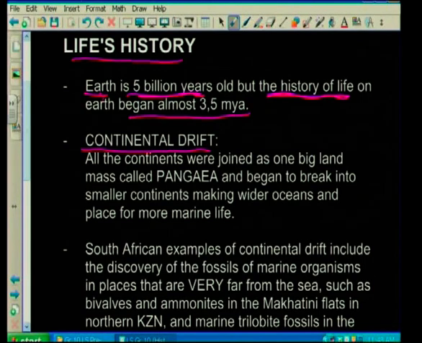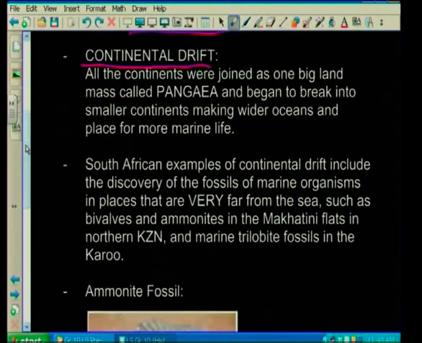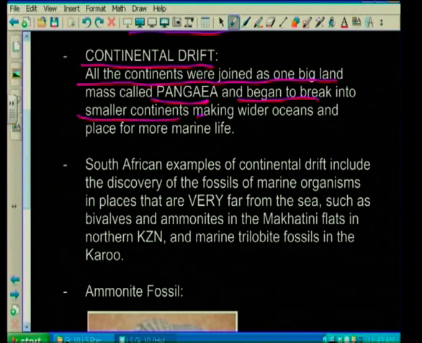Let's look at the continental drift. Right, the continental drift means all the continents were joined as one big landmass called Pangea. Please look at the spelling, P-A-N-G-A-E-A. It began to break into smaller continents, making wider oceans and more place for marine life.